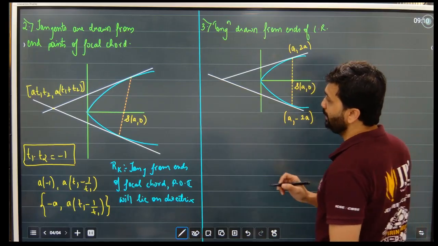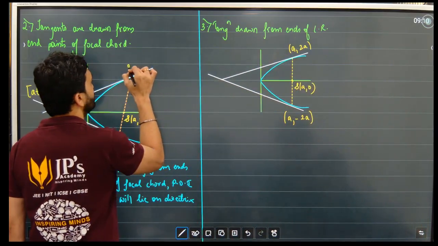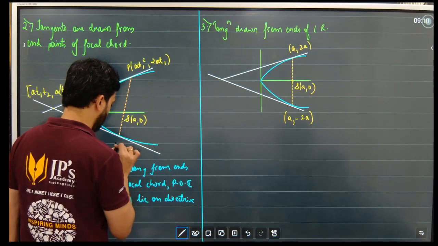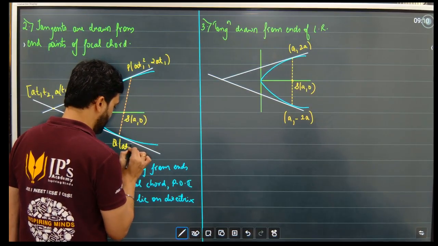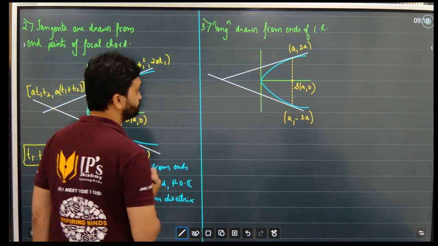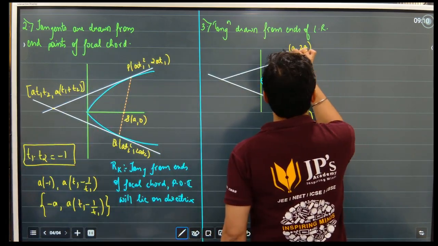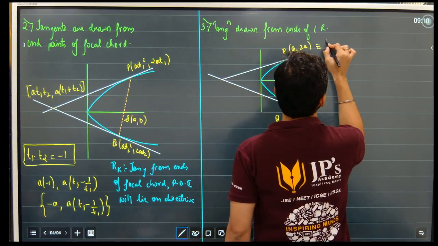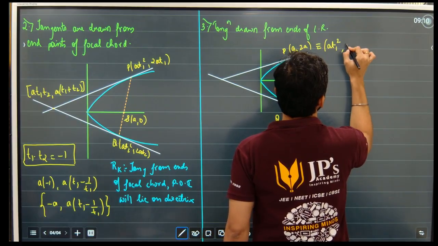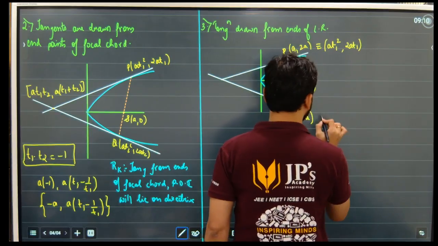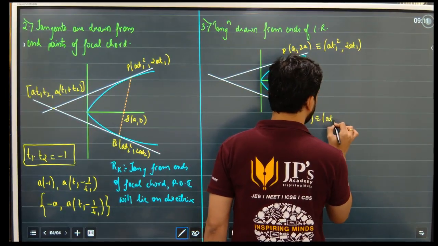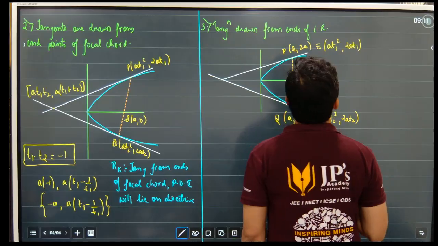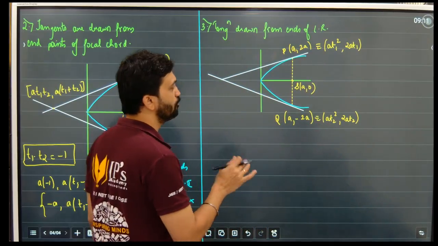Now we know that P is a t1 square comma 2a t1, and Q is a t2 square comma 2a t2. Here also, see, this is P and this is Q. This is nothing but a t1 square comma 2a t1, and this is nothing but a t2 square comma 2a t2.